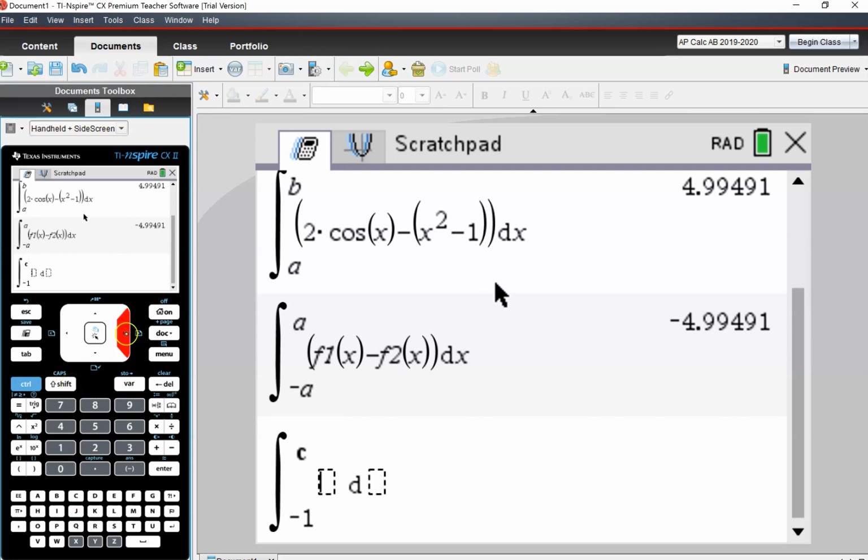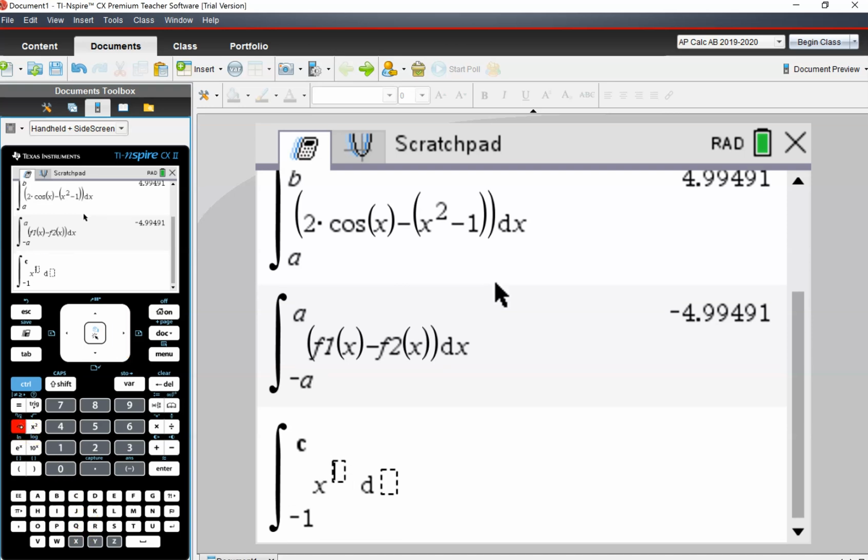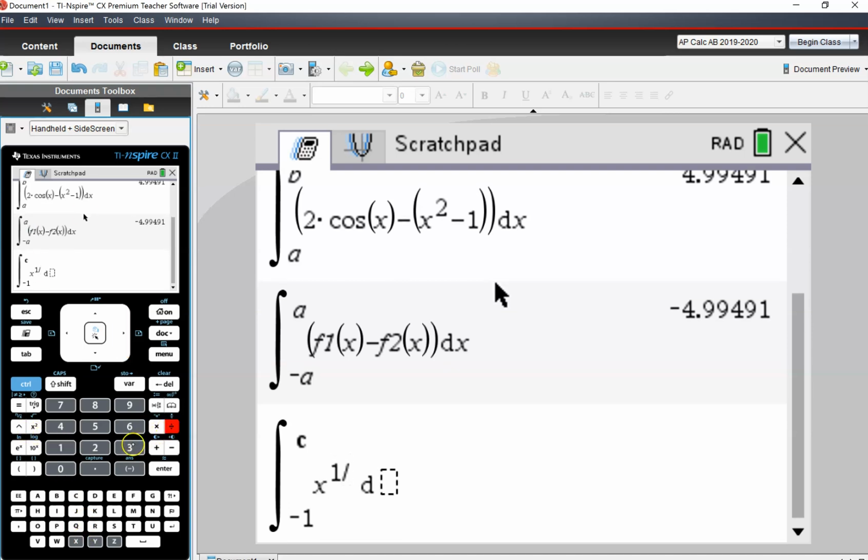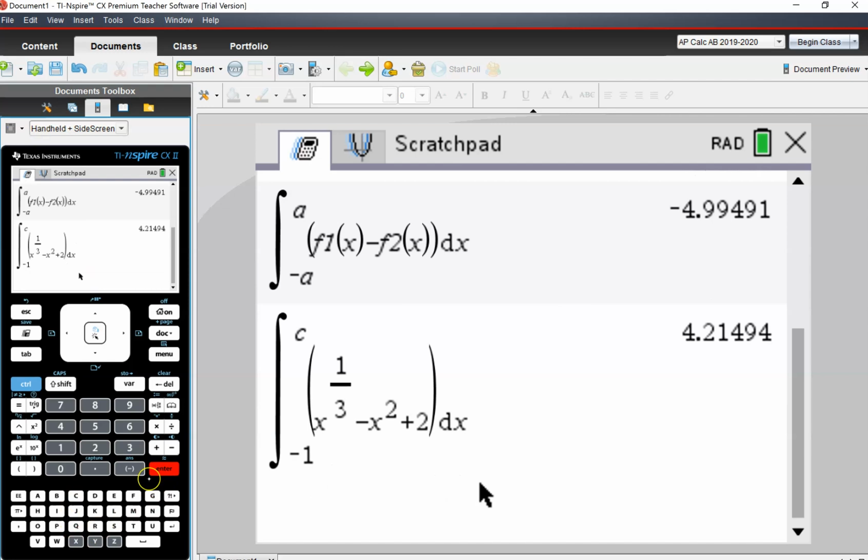It really doesn't matter. You could do them in terms of y's as well. So you could do y to the power of 1 over 3, or you could do x to the power of 1 over 3. Integration is integration. So minus x squared plus 2. But then here you have dx. The calculator doesn't know the difference. And so it's 4.215.